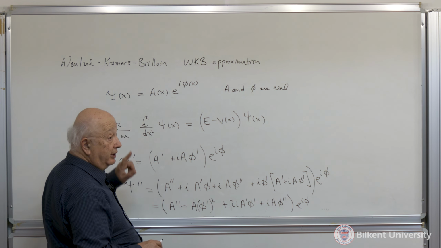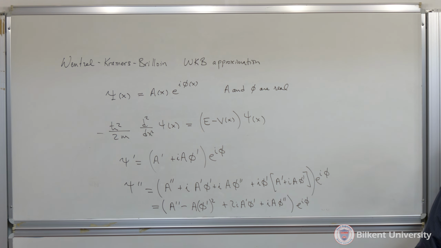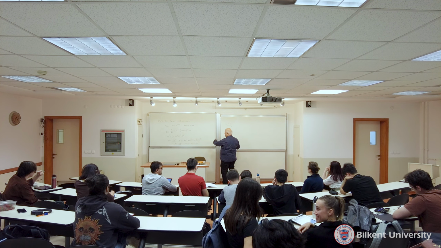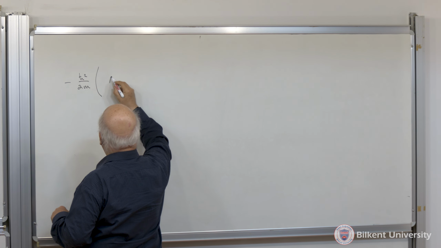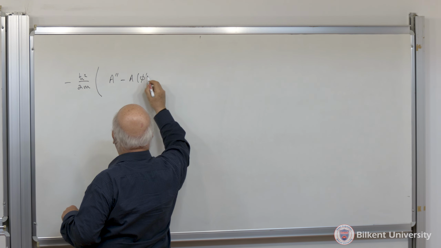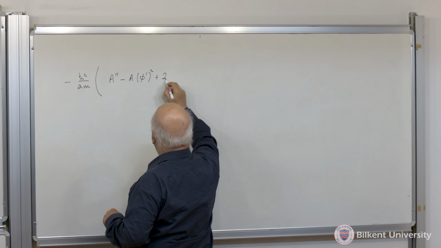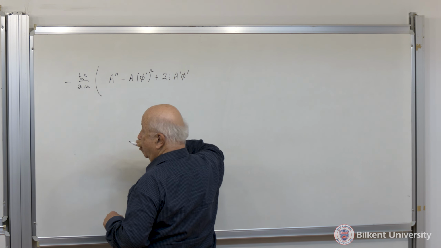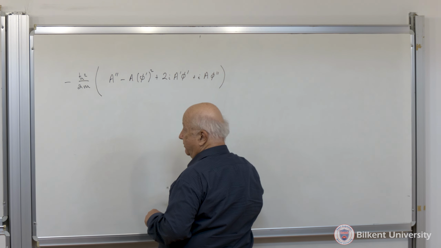So now let's put that into our Schrödinger equation. So we are going to get minus h bar squared over 2m times this whole thing, A double prime, so let me just write it one more time, minus A phi prime squared plus 2i A prime phi prime plus i A phi double prime.